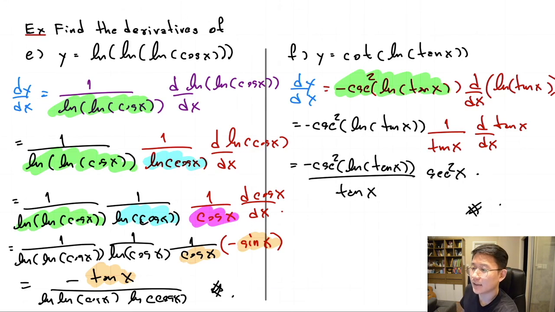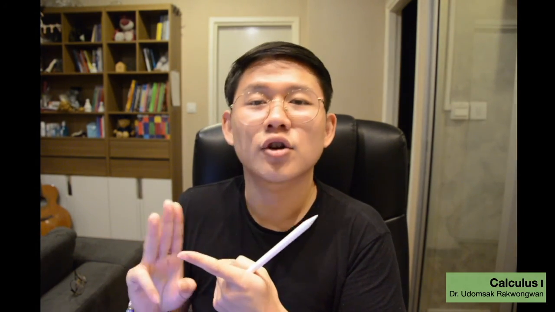And guys, that is done. Let me sum it up. In this video, we did 2 things. The derivative of trigonometric functions, right? Sine, cos, tan, cosec, sec, cot.